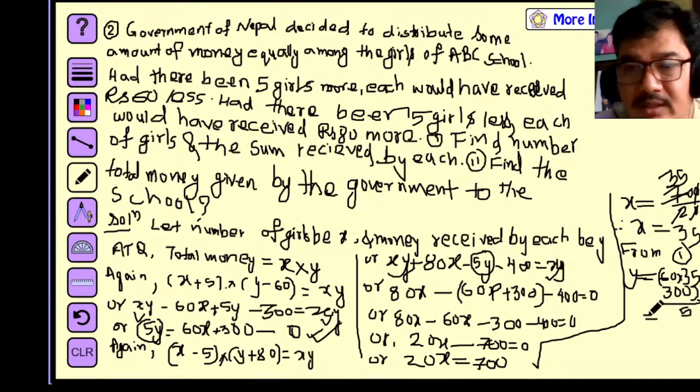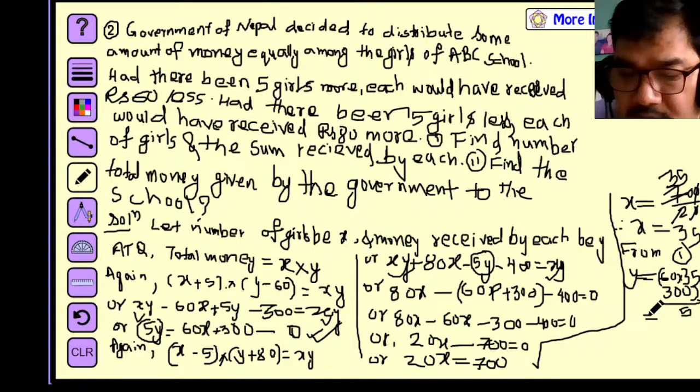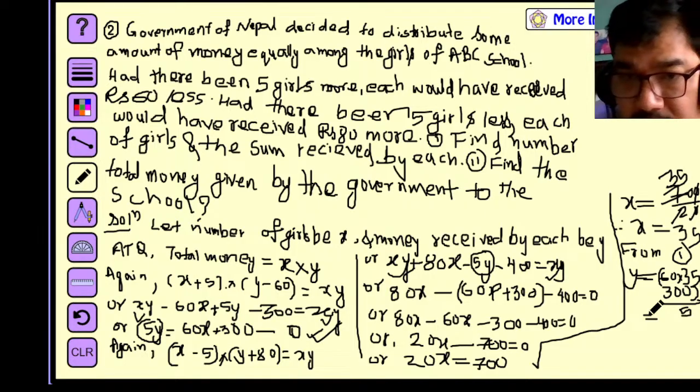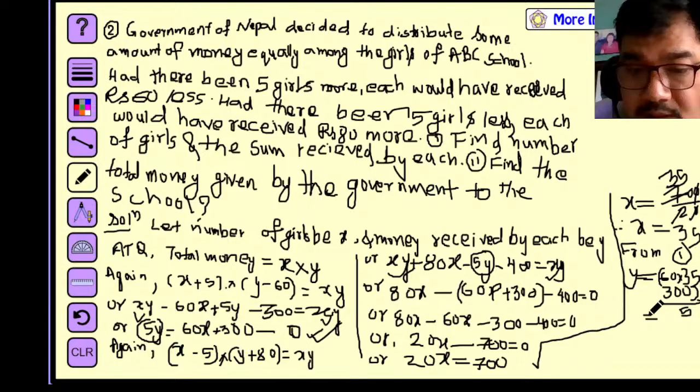Let's do it in the calculator. 60 into 35. It comes to 2100, and 2100 plus 300 comes to 2400.